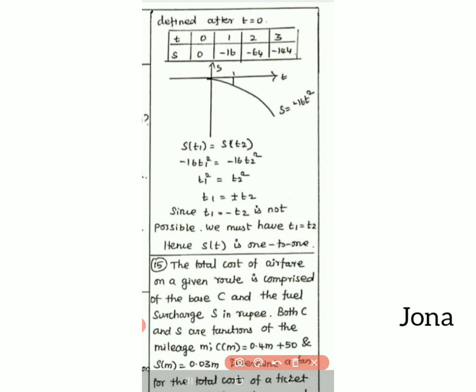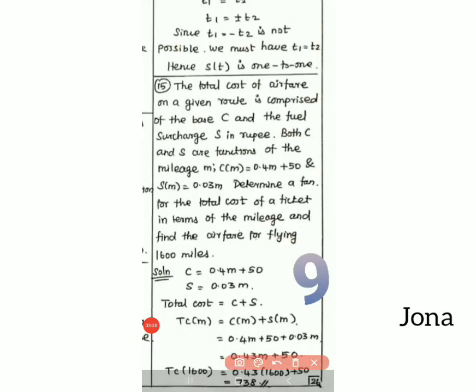The next one, look at the 15th sum. The total cost of airfare on the given route is comprised of the base C and fuel surcharge S in rupees. Both C and S are functions of the mileage M. C of M equal to 0.4 m plus 50 and S of M equal to 0.03 m.